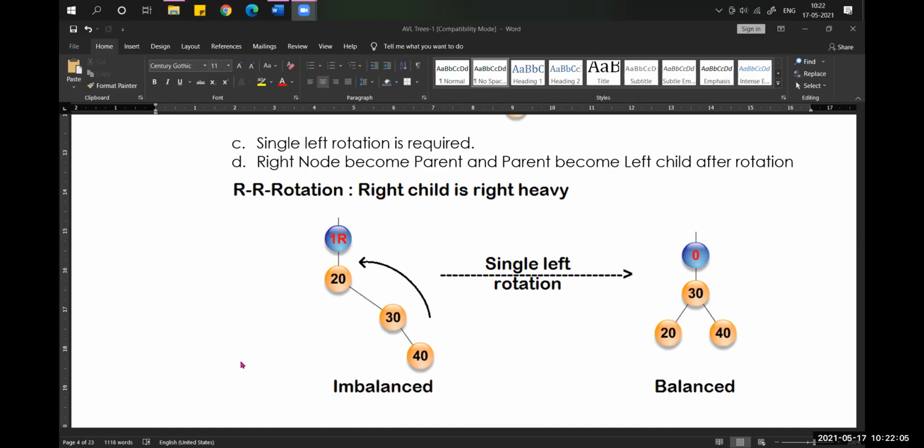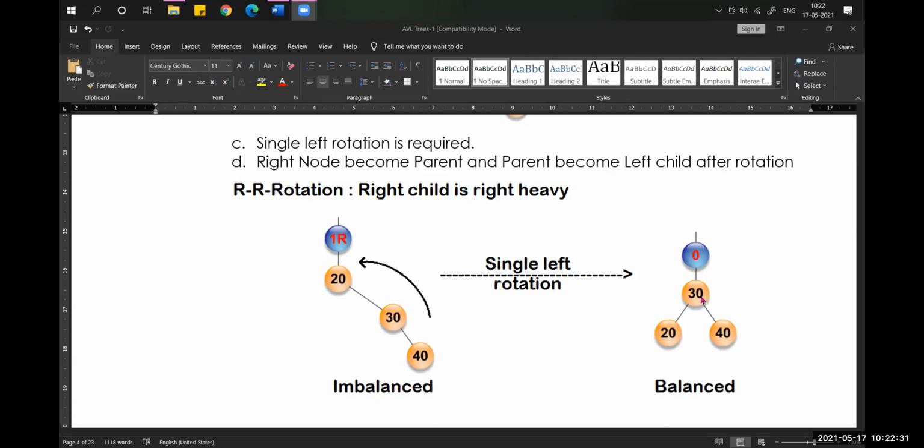If all the nodes are present on the left side, what is the answer? Do right rotation. Here all the nodes are present on the right side, so you have to do left rotation. Now if you do left rotation, what will become the root? 30. The right node will become the root node.